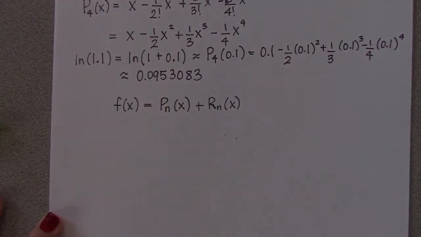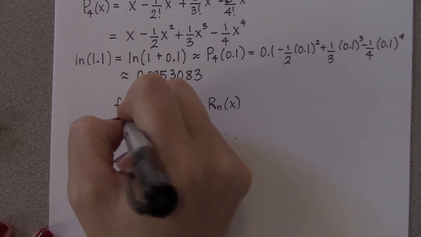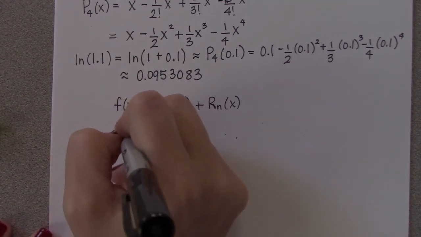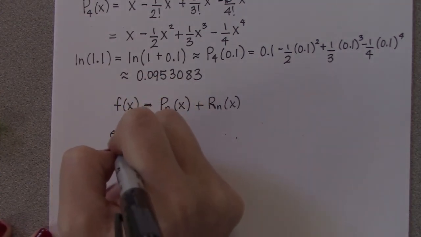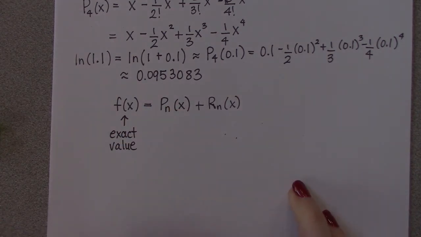So we kind of looked at the remainder a little bit earlier when we were trying to say, could we estimate the sum of an alternating series? And we said, well, if we just grab the first n terms, the remainder should be pretty close to the next term if it passes the alternating series test. So f of x, if you plug it in, represents the exact value of the function.